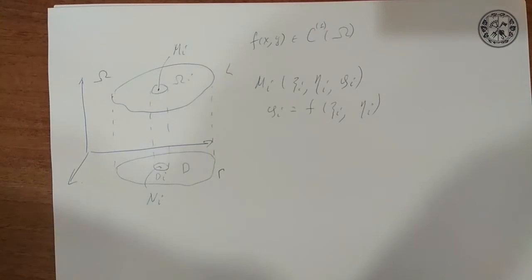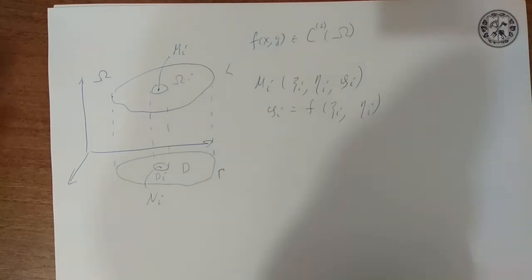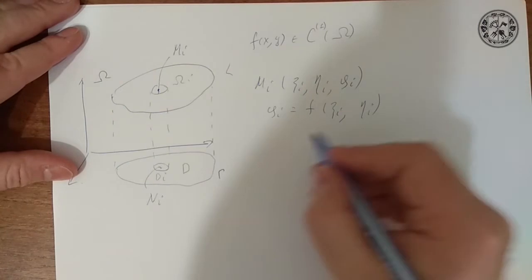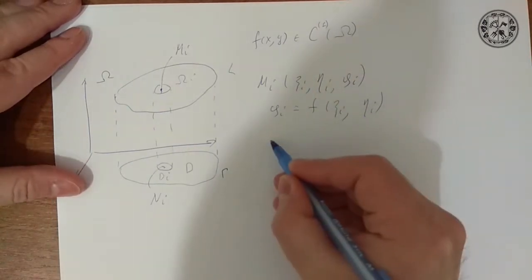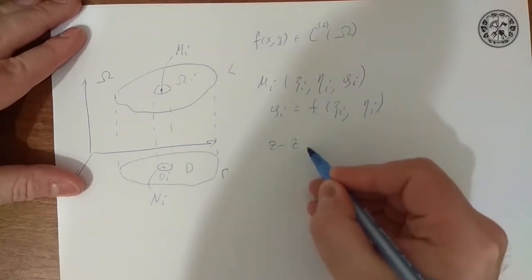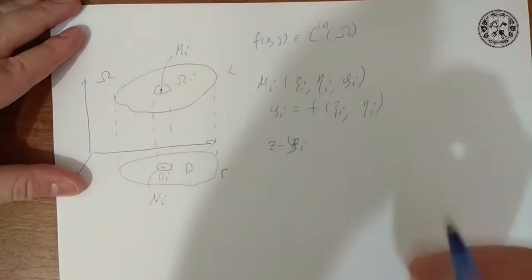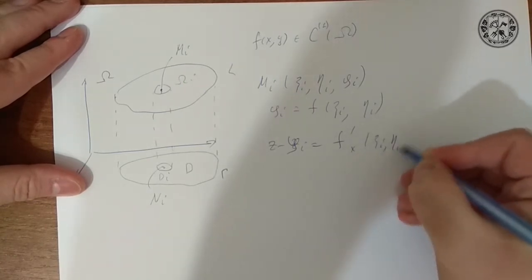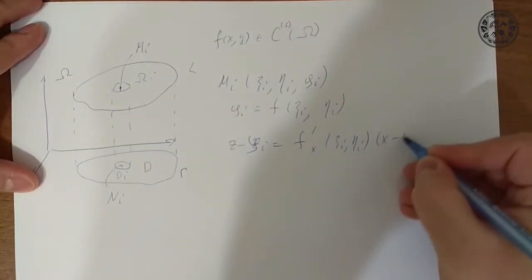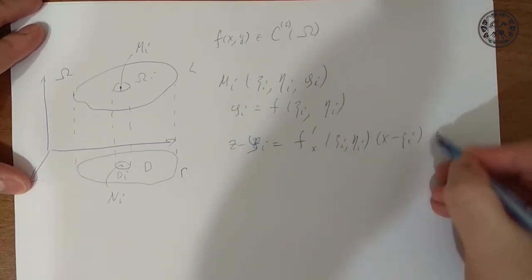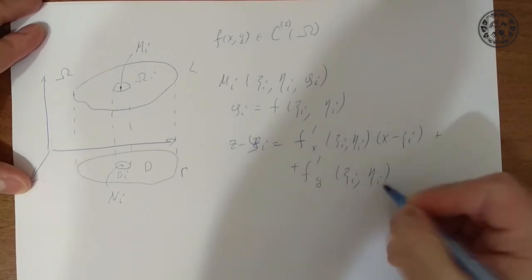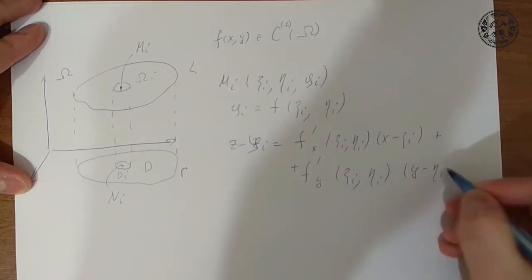So we can build a tangent plane that runs through point M i, and we'll have the equation z minus phi i equals the derivative of f by x at psi i, eta i times x minus psi i, plus the derivative of f by y at psi i, eta i times y minus eta i.